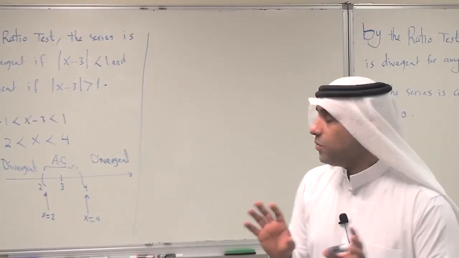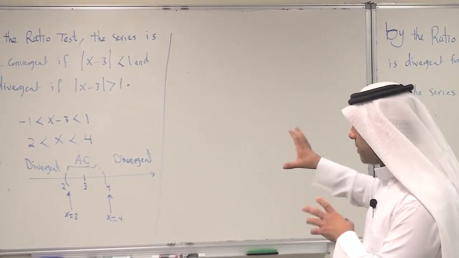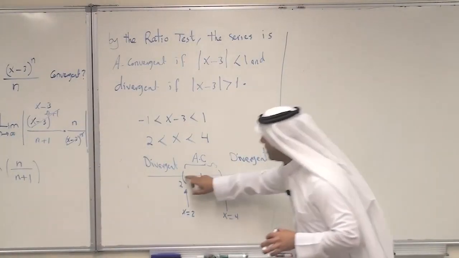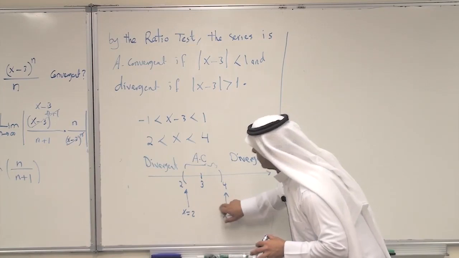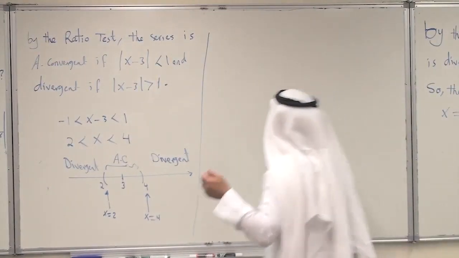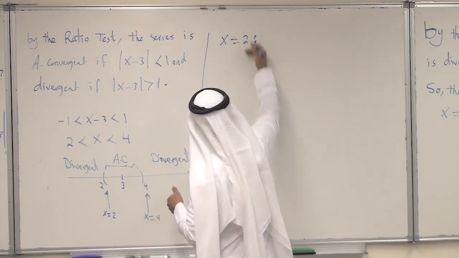As far as we did, we know that it is divergent outside and convergent inside. But these 2 points need to be investigated separately. So I will take them in a line like this, x equal to 2, and study what's happening.